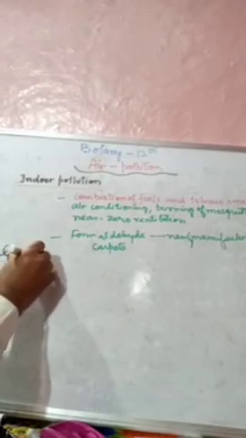Then we have got the second one, which is called generators. Now, what happens in these generators? Let us see. These generators not only produce toxic, poisonous fumes, which pollute the immediate environment.